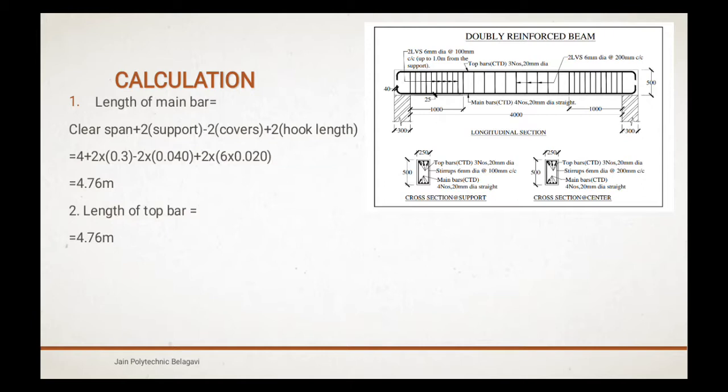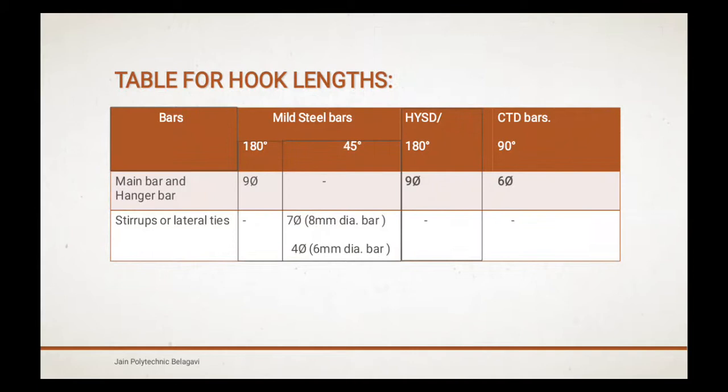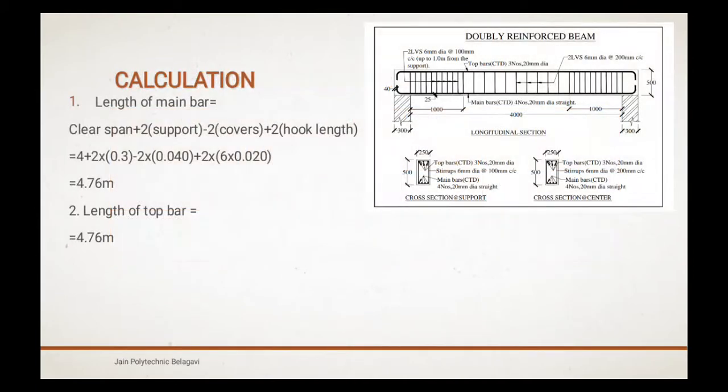We know the hook length is 6 times the dia, so 6 into 0.020. So we got the length of main bar as 4.76 meter.